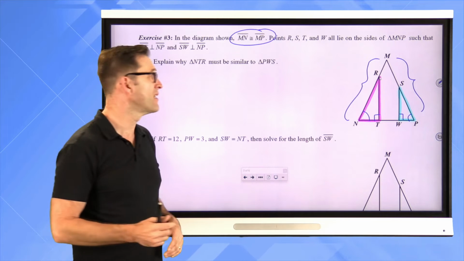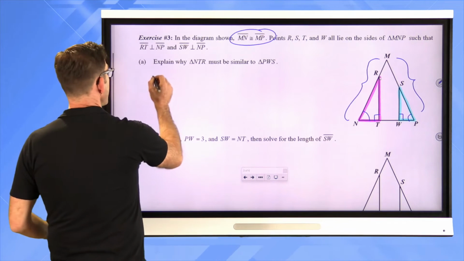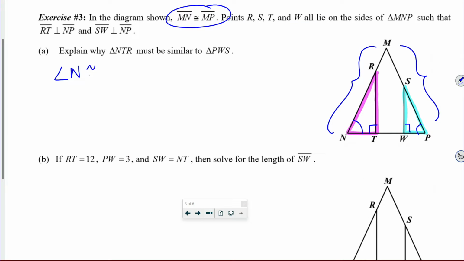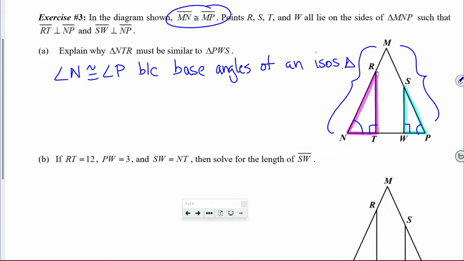All right, let's get that down. So first I'm going to say angle N must be congruent to angle P, because base angles of an isosceles triangle are congruent. All right, and I can say that angle T, oh no, I can't call it angle T. That's terrible.